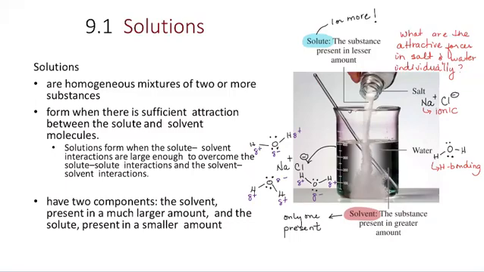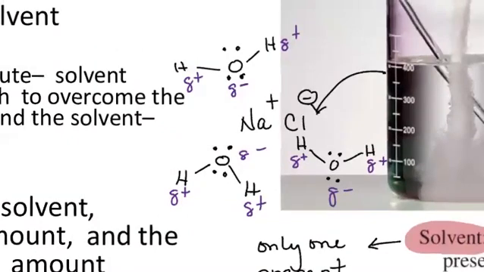Now, when we look at the molecular level at why we can have salt water form, it's because there's an interaction between the cation and the anion with the partial charges of the water molecule. The delta negative of the oxygen will be interacting with the sodium.